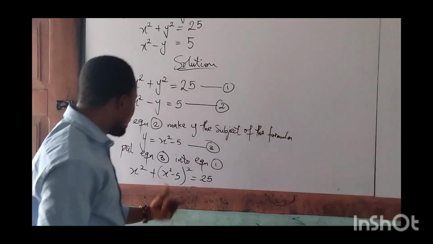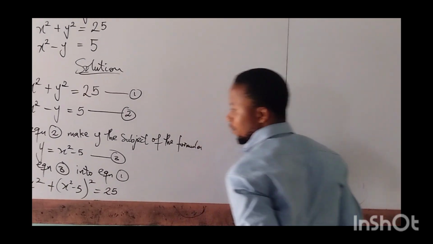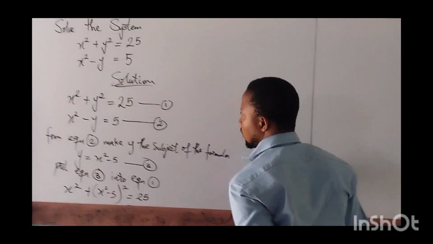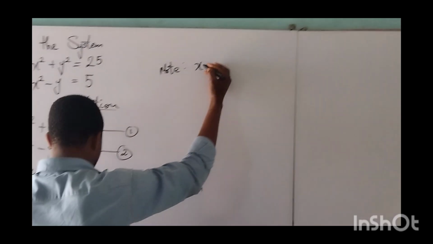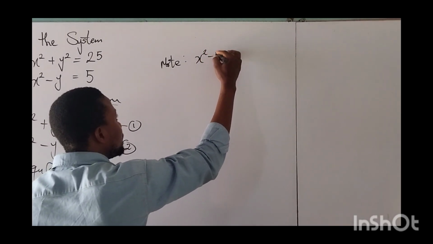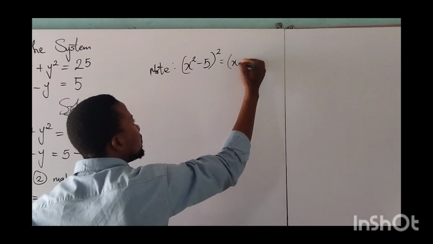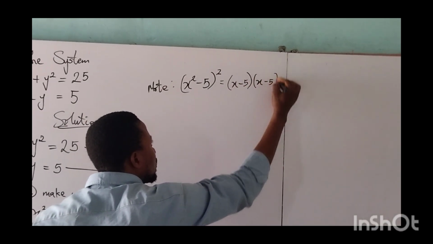So if you move on like that, I have x squared plus this. So let us open this bracket. Note that x squared minus 5 all squared is the same thing as x squared minus 5 times x squared minus 5.